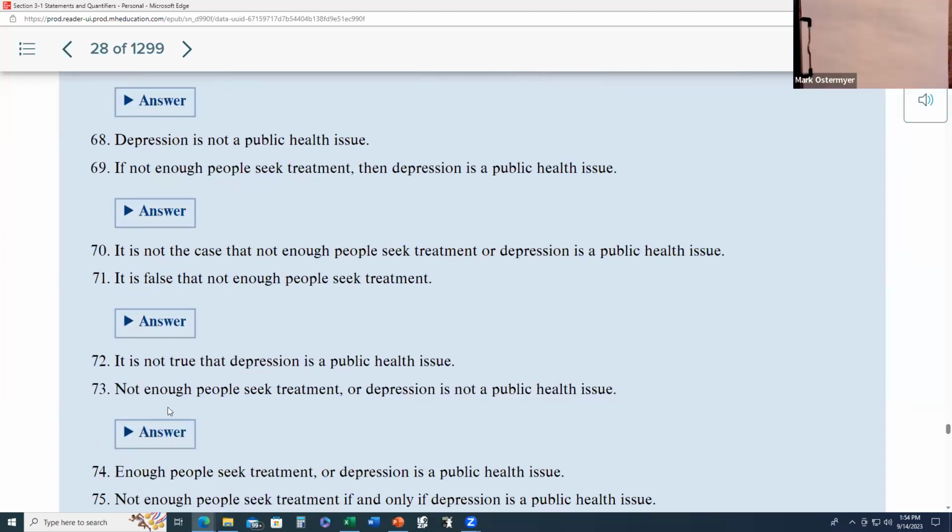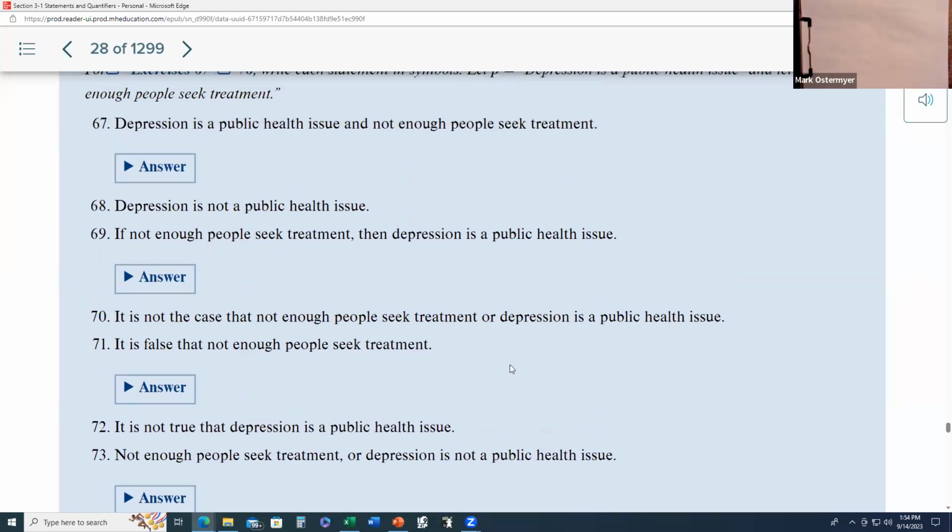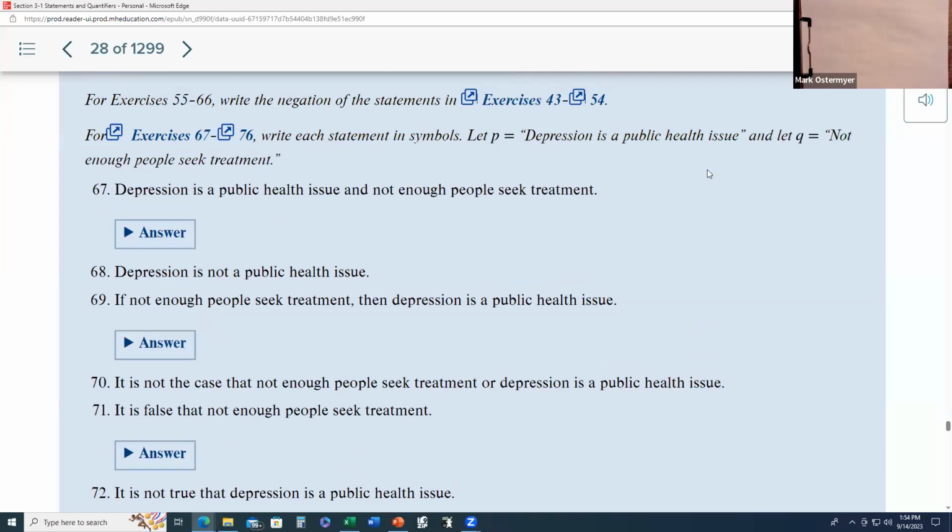Number 73, not enough people seek treatment or depression is not a public health issue. Negating and the or. So not enough people seek treatment, that'd be Q, correct?